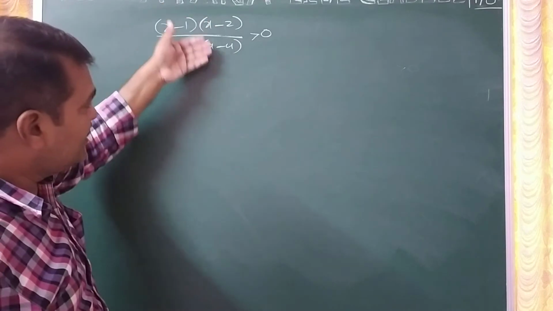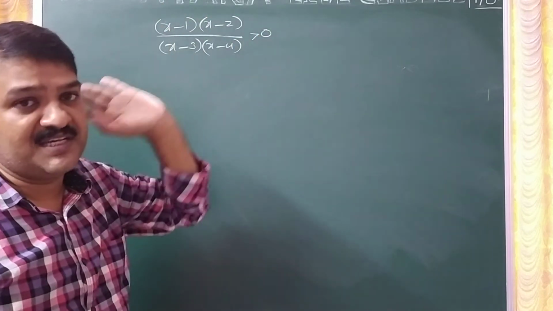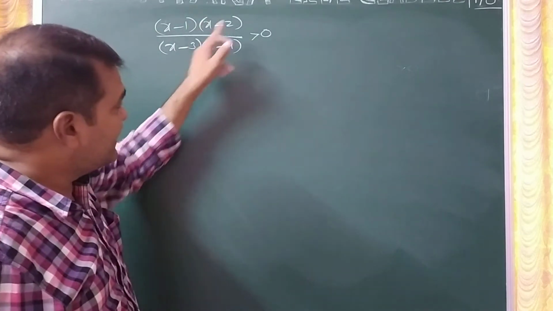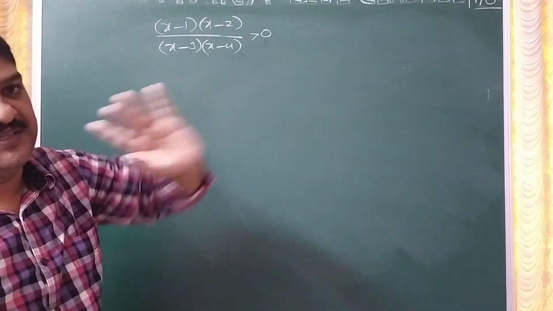Whenever a fraction is positive, the numerator and denominator have the same signs. A fraction is negative means the numerator and denominator will have opposite signs.